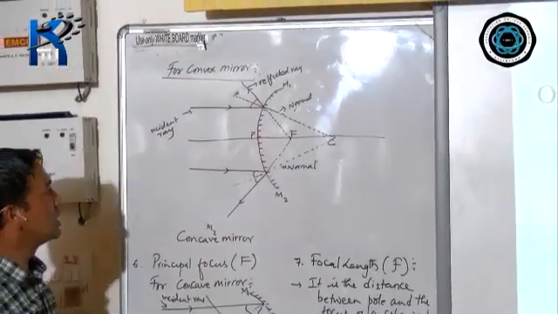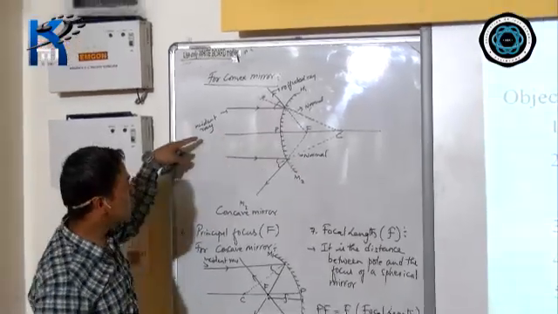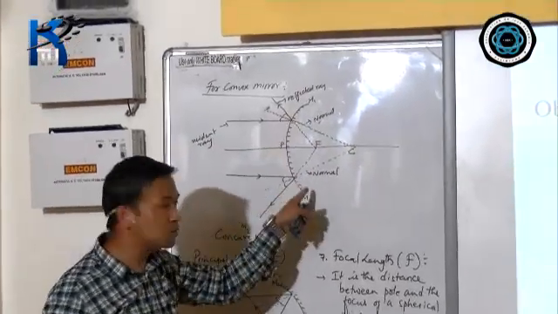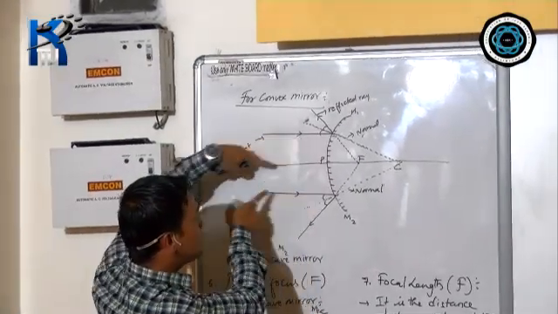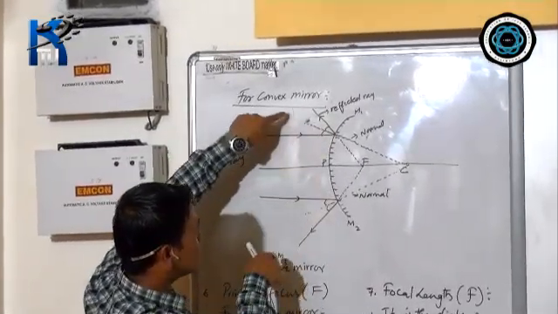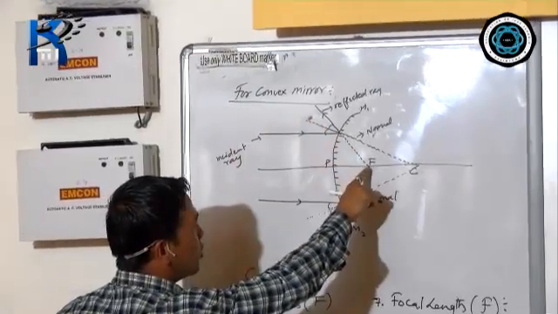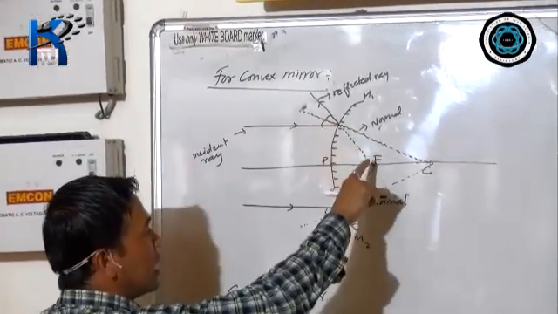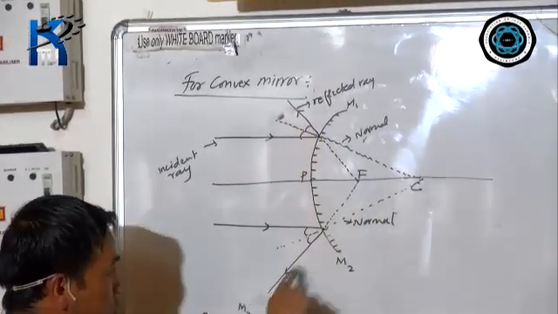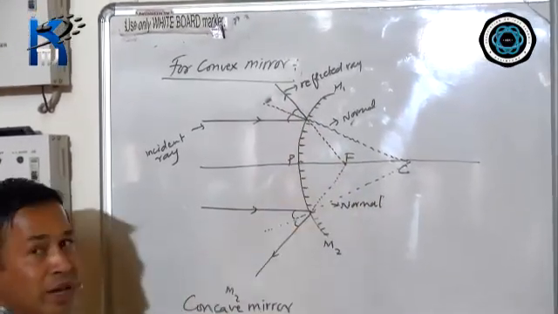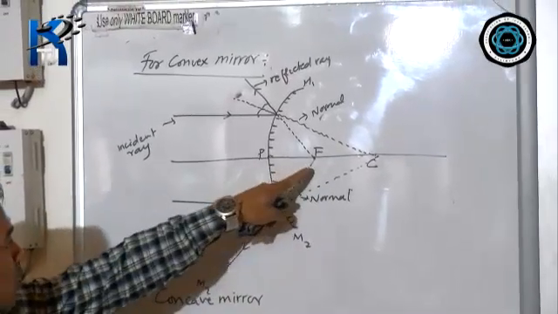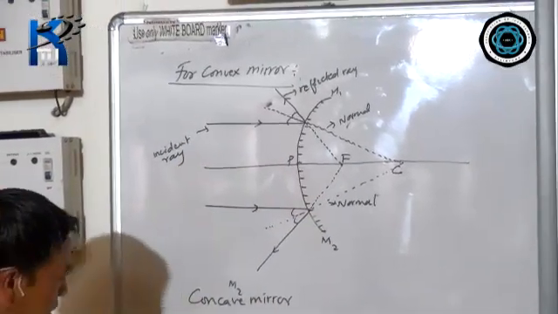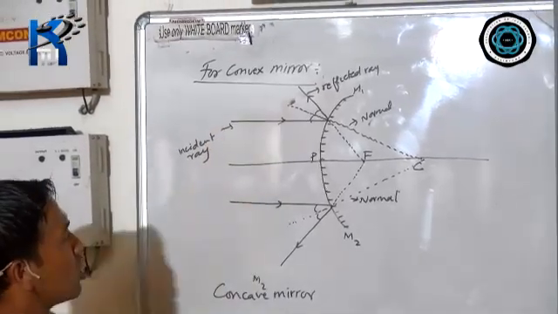It is a point that lies on the principal axis of a convex mirror, in which when a ray of light incident parallel to the principal axis is reflected, the ray appears to come from this point. That means the point from which the reflected ray appears to come is defined as the principal focus.